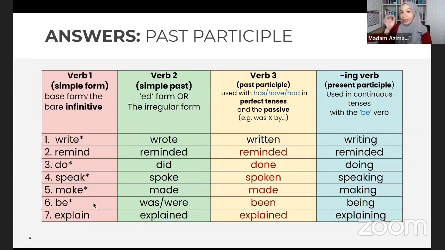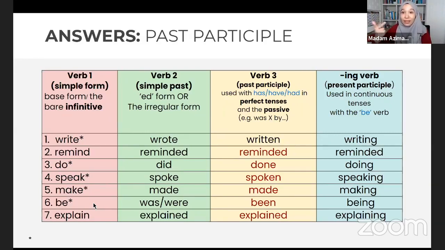Be is the most difficult one because you're like, be? Be is the base form in the dictionary, but it has so many different types. Verb 2 would be was and were, depending on plural or singular. And then suddenly verb 3, been, back to B-E-N. And then ing, B-E-I-N-G, being.